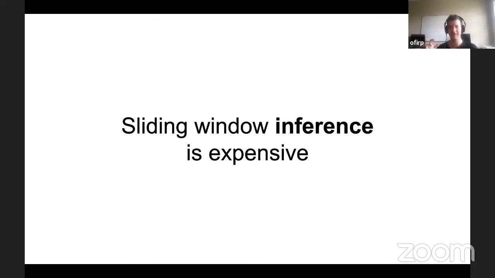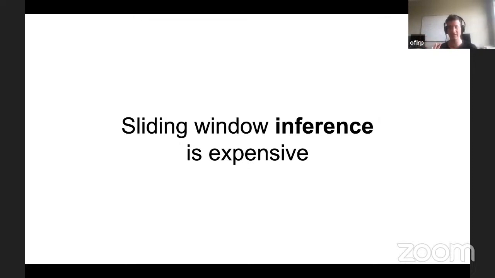In non-overlapping inference, you're sliding the window by like 1,000 tokens every time if your model is of size 1,000. If you're doing sliding window inference, you're now sliding the model by 1 token every time, right? You're only evaluating 1 new token every feed forward pass. And so it's going to be 1,000 times more expensive or slower.